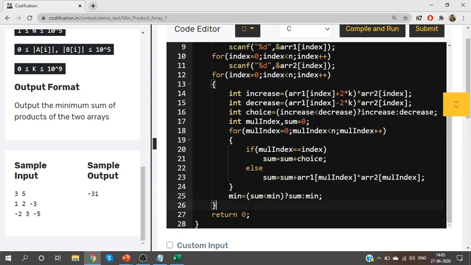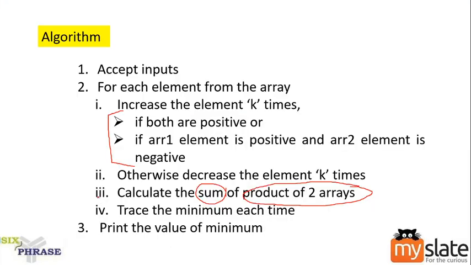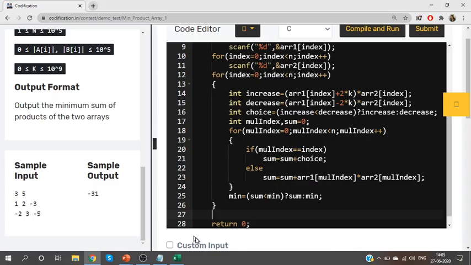Okay. And after you finish the process, modify each element, calculate the sum, trace the minimum. After I finish off the process, which value has to be printed to the output? Minimum value has to be printed to the output. Yes, whichever is the least, printed to the output. So min value is going to be printed.